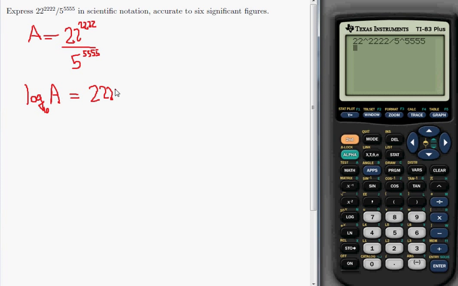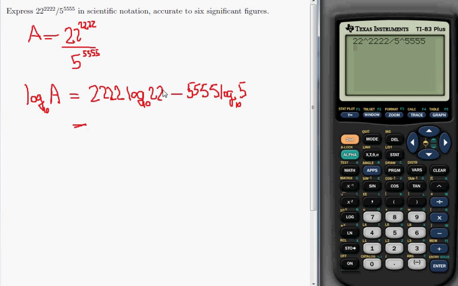On the right-hand side, we will have 2,222 times the logarithm base 10 of 22 minus 5,555 times the logarithm of 5 base 10, just simply using the laws of logarithms.